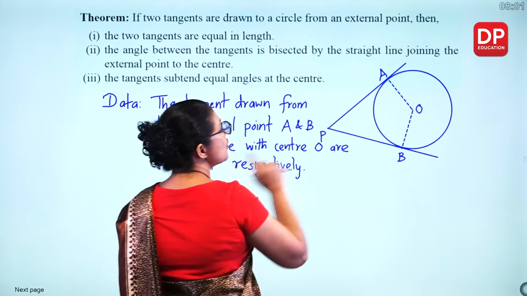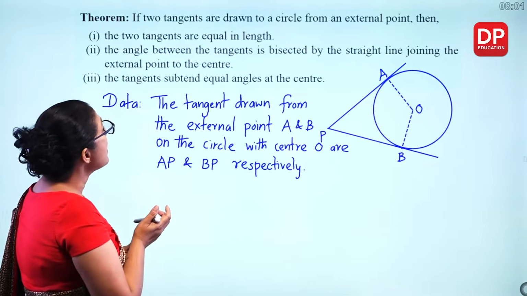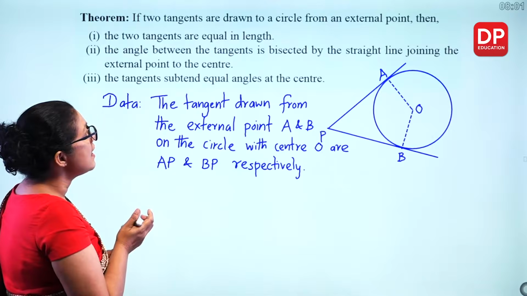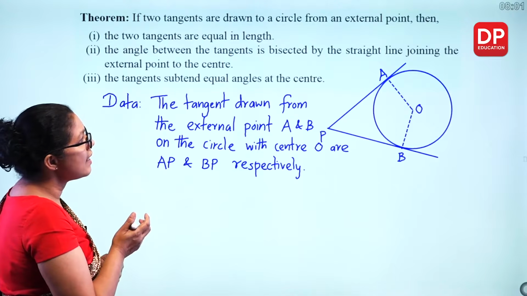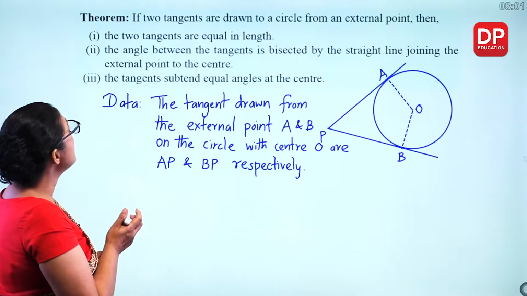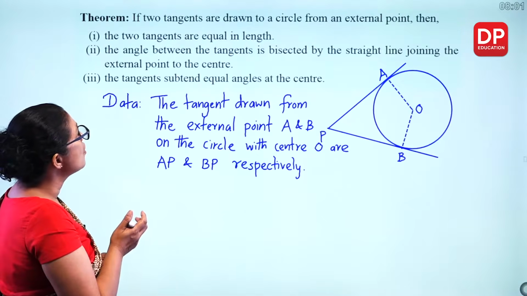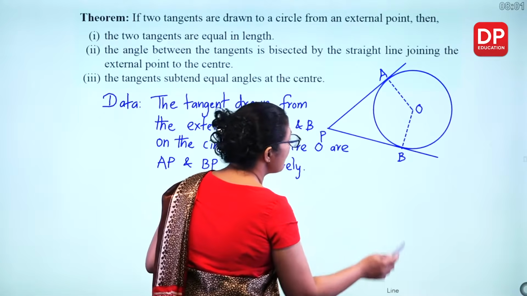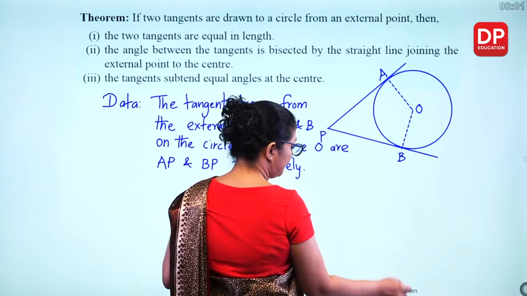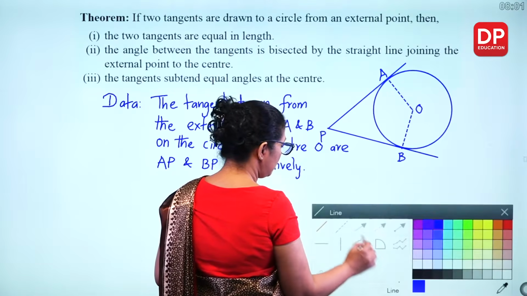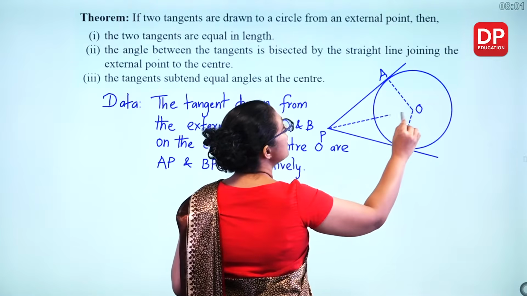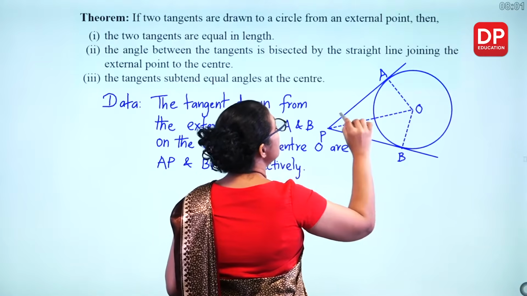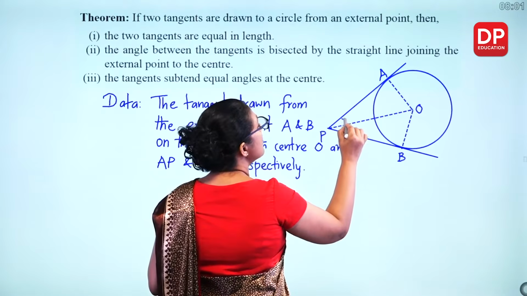PA is equal to PB, and the angle between the tangents is bisected by the straight line joining the external point to the center. So that means when you draw the line from here to here, this angle is bisected.